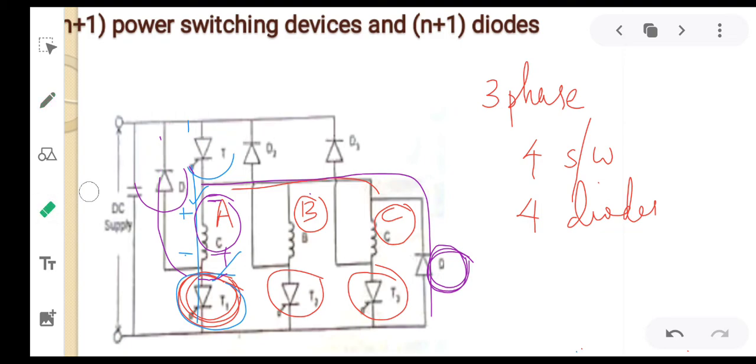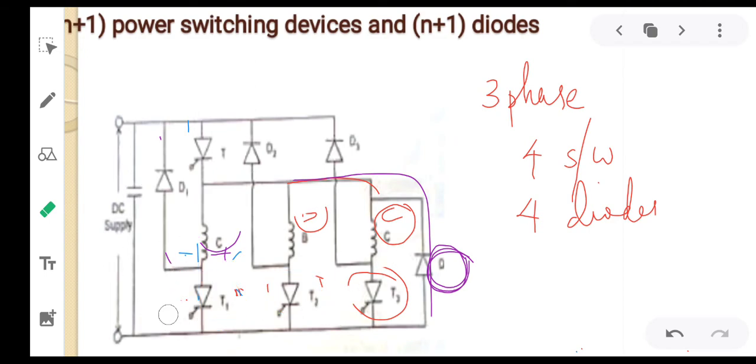I'll just draw it once again. If you are exciting phase B, this will be excitation, plus here, minus here, and it will be excited like this through T, then here. This is the path for turning on.